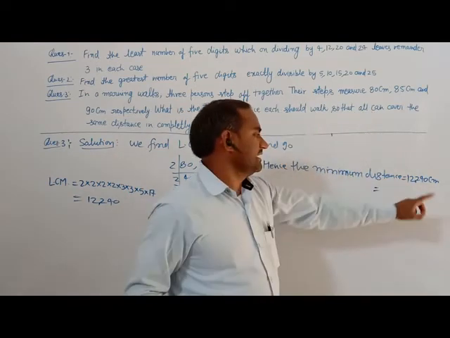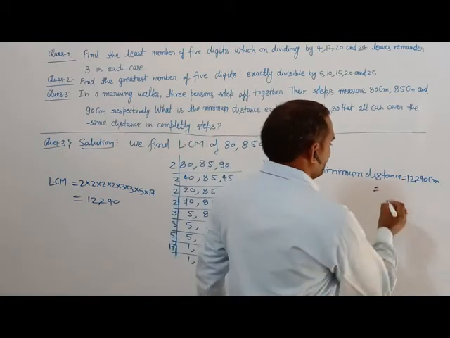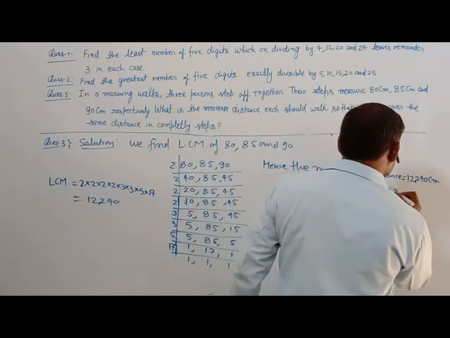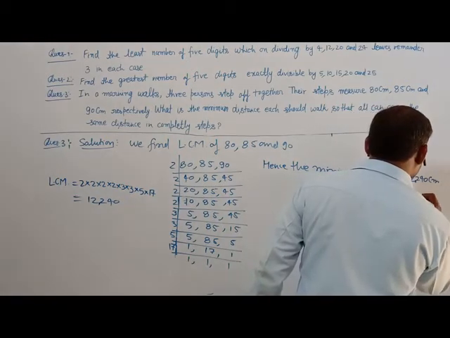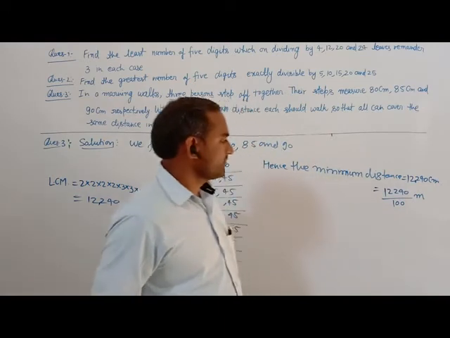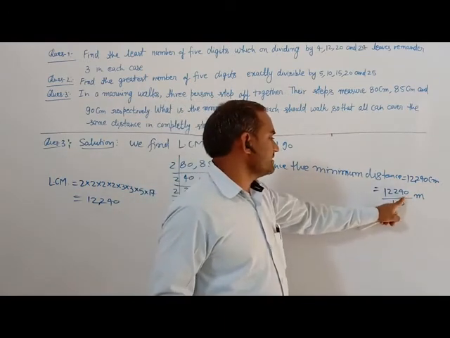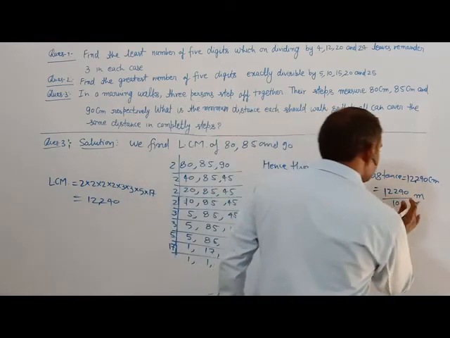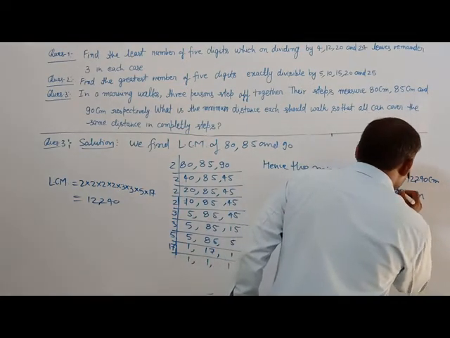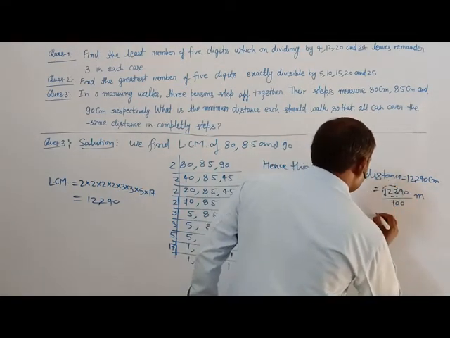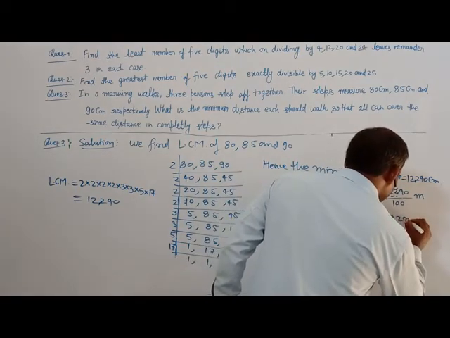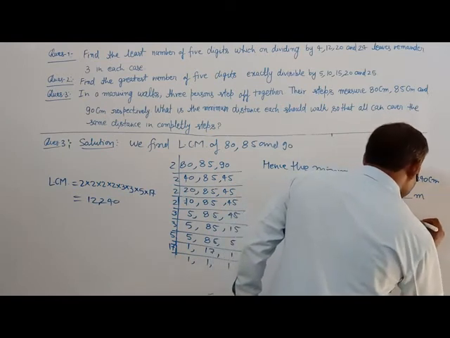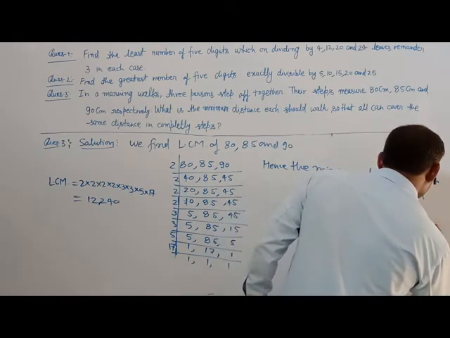When we divide 12,240 by 100, it will convert into meter. You can write 122 meter plus 40 by 100 meter.